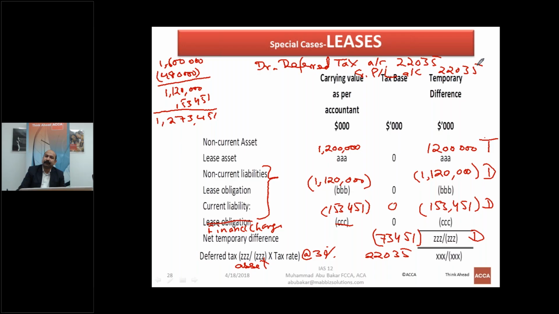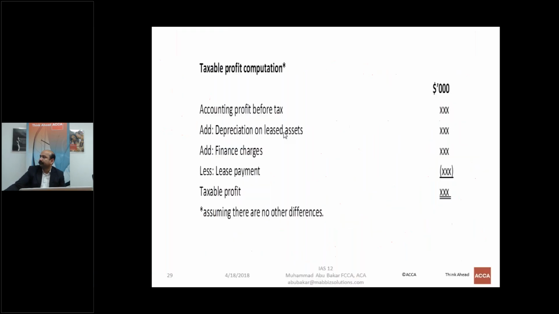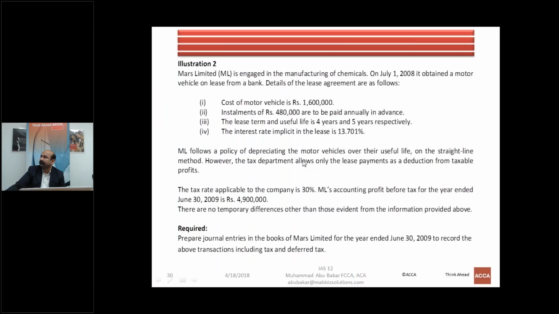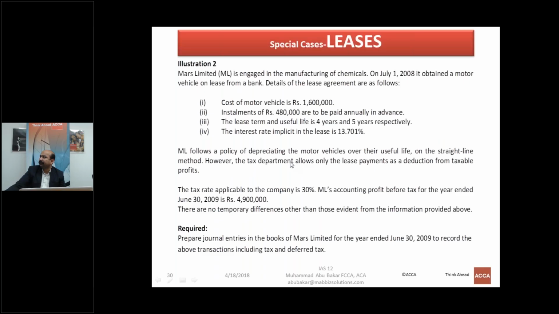Because this is the first year, the same amount will appear if you want to calculate from the income statement. So this is related to the leases. Okay, next, you can apply this, so you will be reaching the same amount. This was the illustration which we tried to solve.